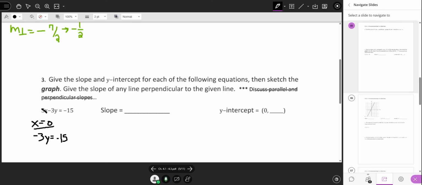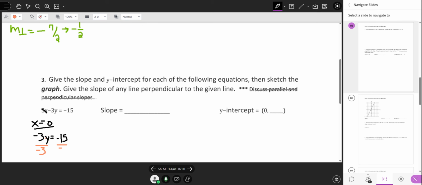So this is the very first thing I would do if I was doing this problem. Then the opposite of multiplying by negative 3 is to divide both sides by negative 3.